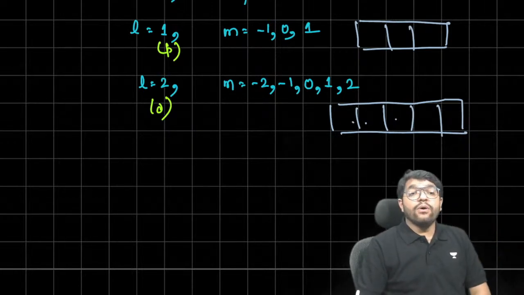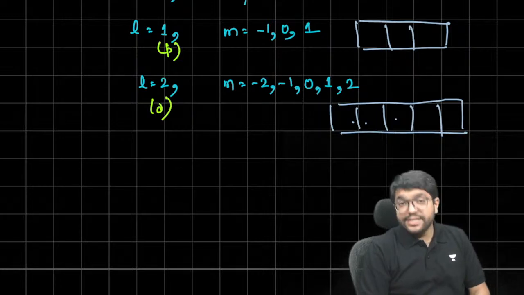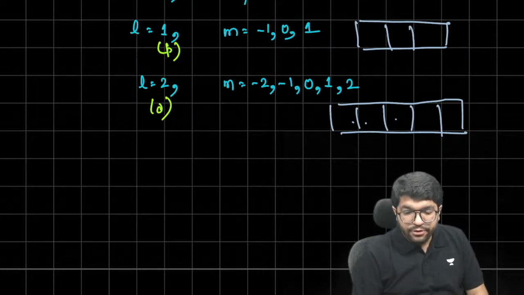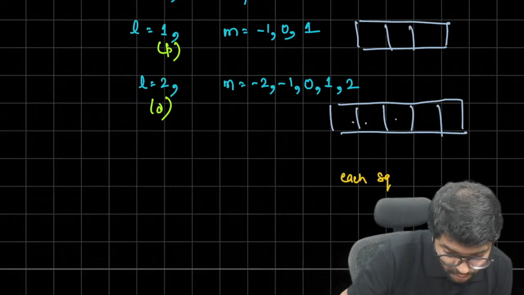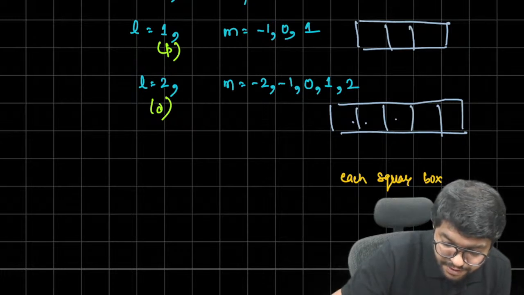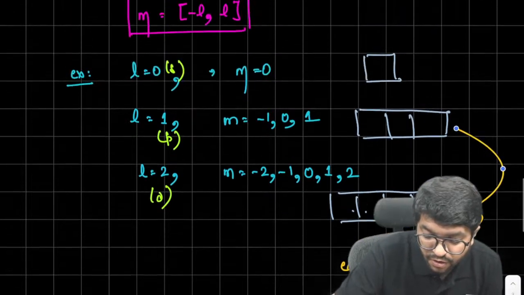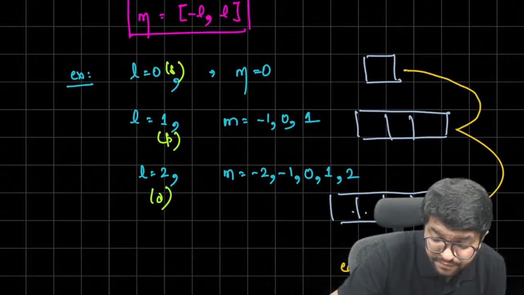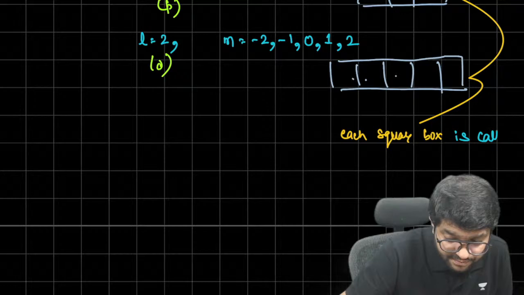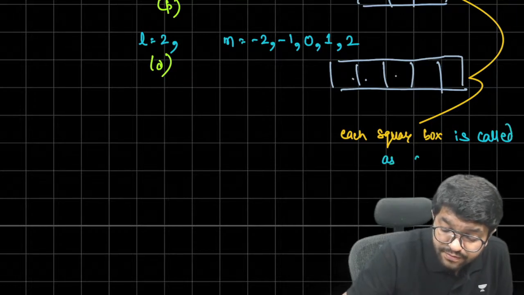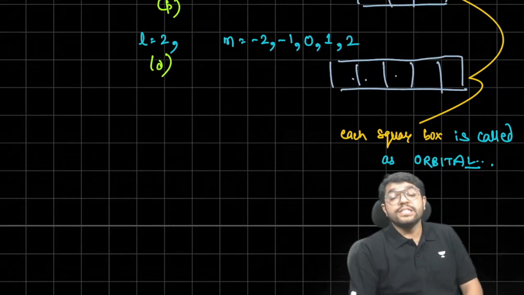Right? So that is how the magnetic quantum number works. Although it's a correlation, I should say it's a matter of coincidence that the number of boxes that you draw, each square box, is called an orbital.